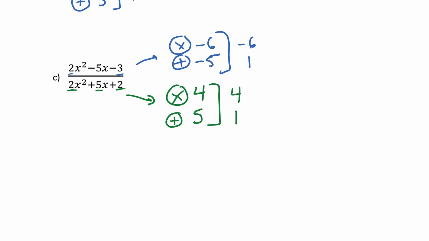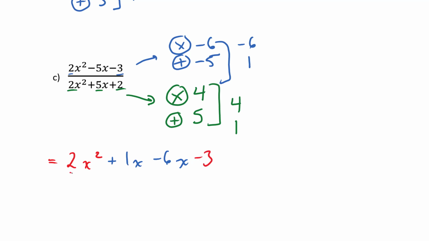So now that we have that, we have to decompose that middle term in both the numerator and the denominator. We get 2x squared plus 1x minus 6x minus 3. On the bottom now, we get 2x squared plus 4x plus 1x plus 2.